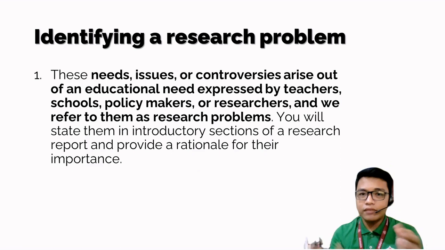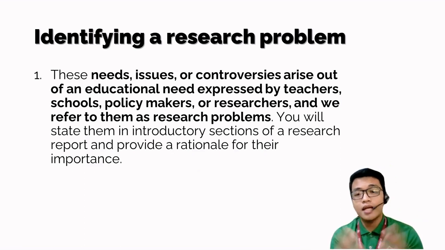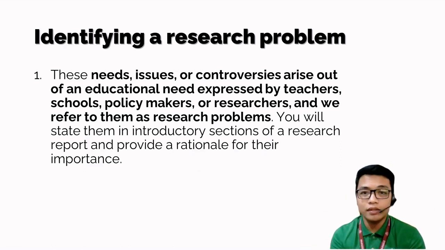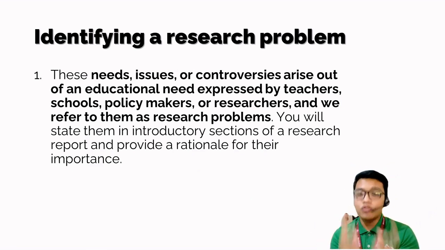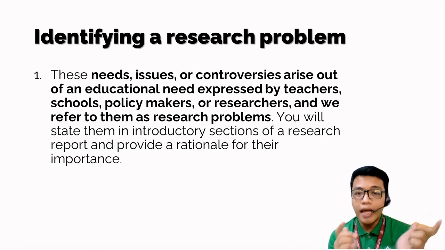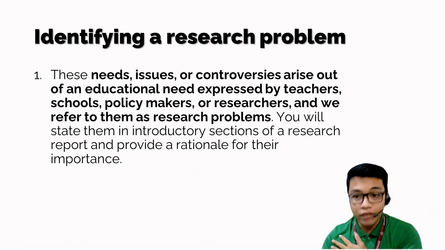Next, these needs, issues, or controversies arise from an educational need expressed by teachers, schools, policymakers, or researchers, and we refer to them as research problems. You will state them in introductory sections of a research report and provide a rationale for their importance.